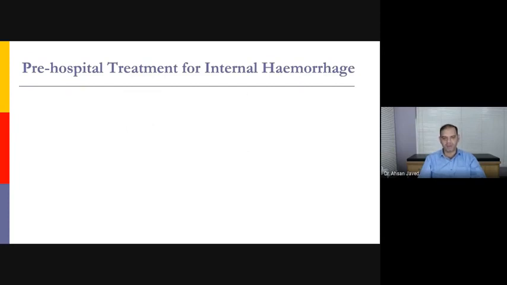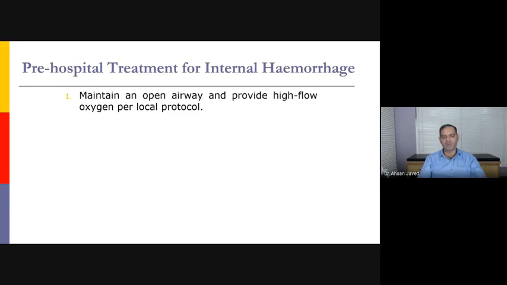So pre-hospital treatment for internal hemorrhage is to maintain an open airway and provide high flow of oxygen as per local protocol or as per availability of the oxygen. Because you cannot see the internal hemorrhage, you may only suspect it if there is abdominal rigidity or if the person coughs up fresh blood or vomits dark colored blood, and only then you can assume that the person, in addition to external injuries, has also acquired internal injuries.